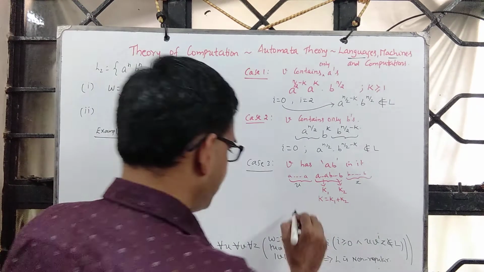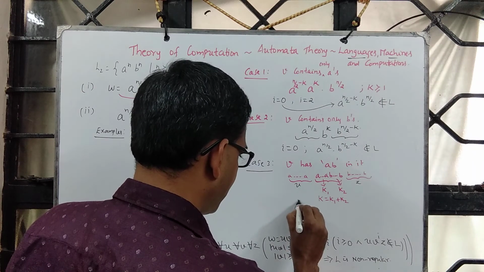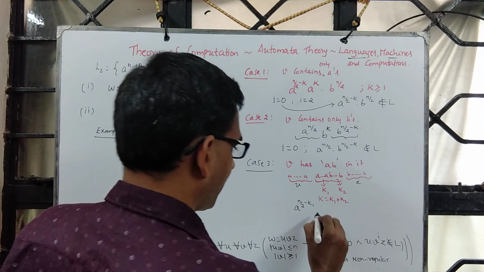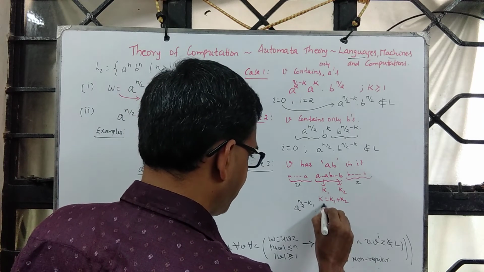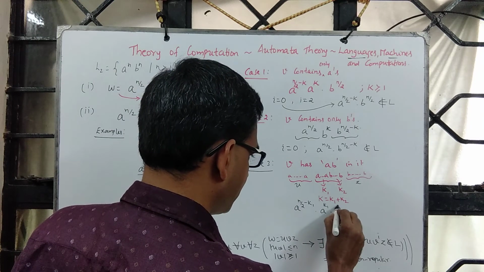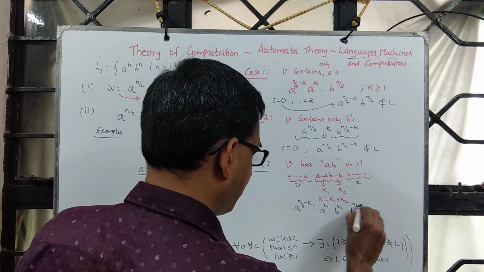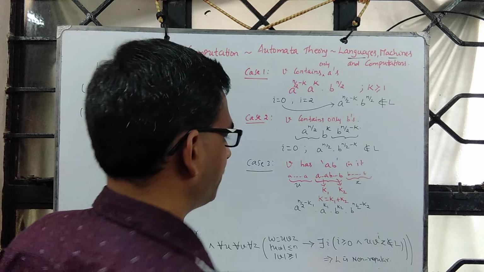So we have a power n by 2 minus k1 times a power k1 times b power k2 times b power n by 2 minus k2.